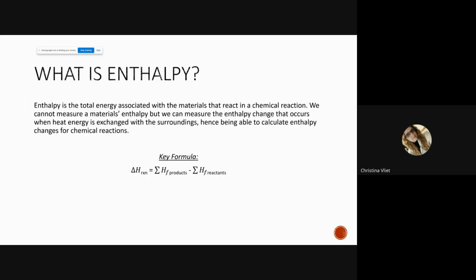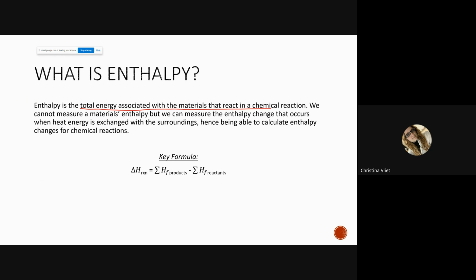All right, so then what is enthalpy itself? Enthalpy we have spent some time on. It is the amount of energy, the total energy associated with whatever materials you have that are reacting. However, it was mentioned you can't actually measure the enthalpy of the chemical bonds themselves, all the energy that's there. We can only measure the change in enthalpy, right?